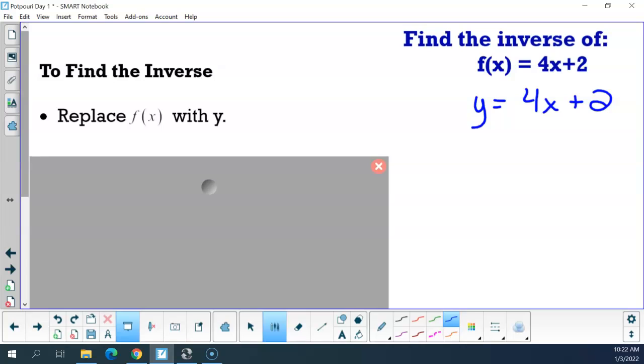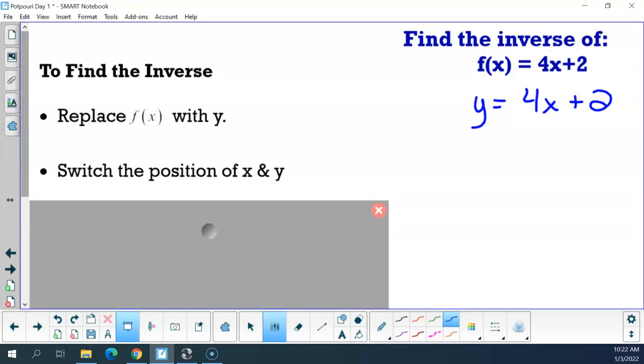Okay? Step number 2 says all we got to do now is switch x and y. So wherever x is, you write y. Wherever y is, you write x. You leave the 4, and you leave the plus 2.